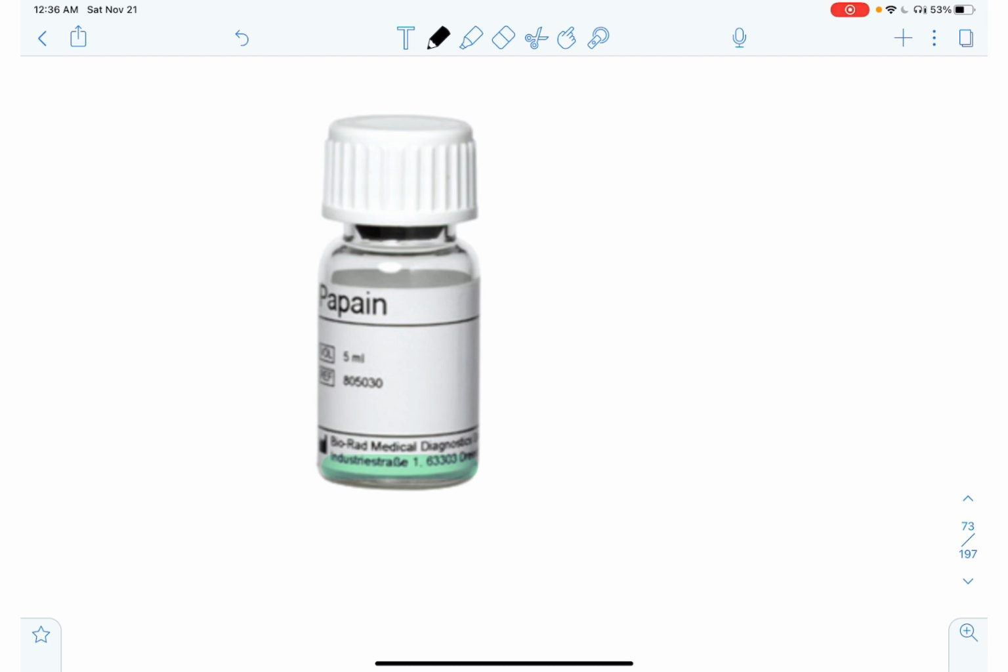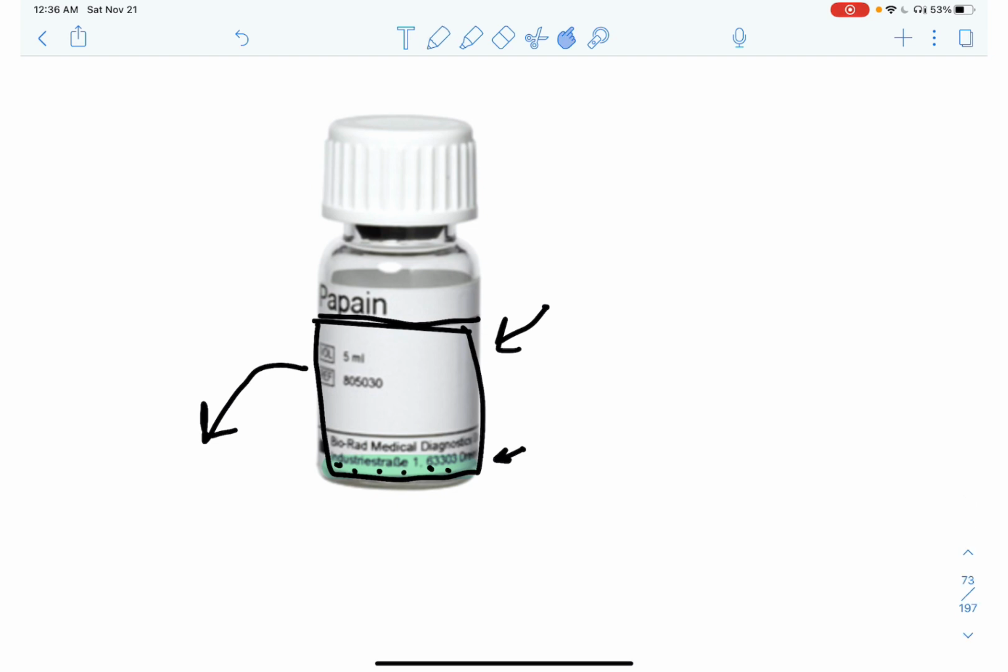At the bottom of the bottle, you'll see little white granules, and that's the papain. It comes freeze dried, meaning it's a white powdery solution. We then add 2 mLs, so approximately filled to this line here. And then at that point, our reagent is now considered reconstituted, and we can use it for patient and donor reagent cell testing.